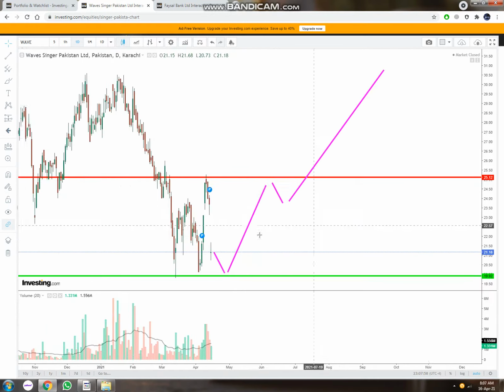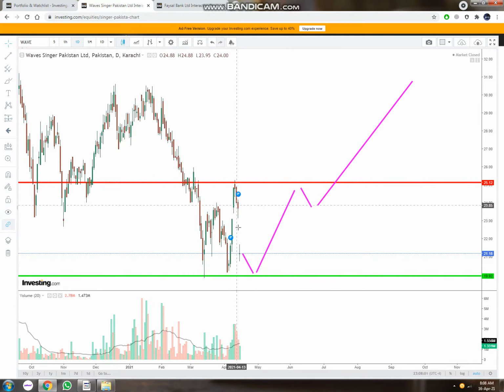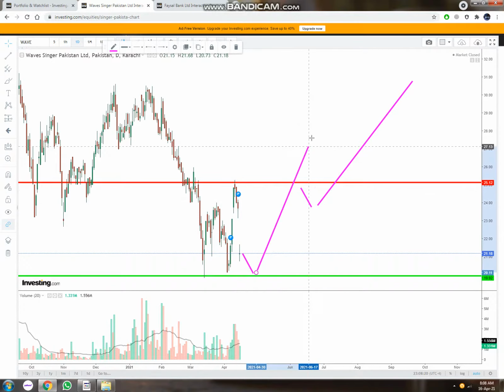Now you can see that this was the resistance level, so the market went down. Now it is at the support level, so let's wait and see what happens next in this particular stock. If it goes upward, we are going to make profit out of it, but if it goes down, we are going to lose some of our capital. And then what will happen now? Let's say, what if this happens?